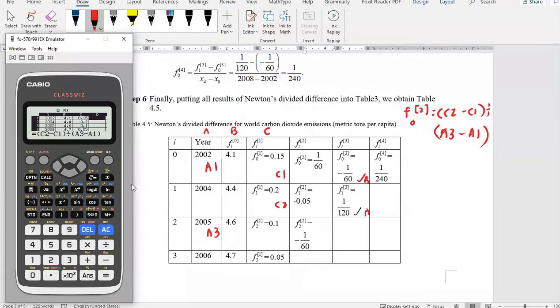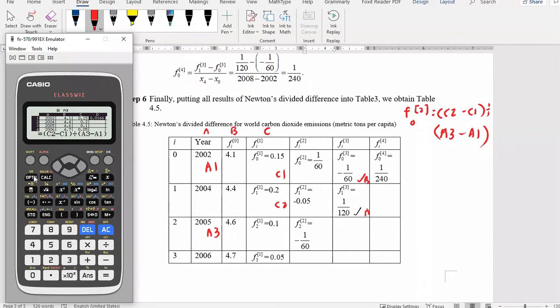Identify this cell, second level, C2 minus C1, A3 minus A1, because the spreadsheet starts their rows by number 1. Then you press equal. The spreadsheet will give the answer in floating point, but don't worry, it takes up all the decimal places. So 1 over 60 is 0.0166. And then similarly, you copy it down. Copy this formula, paste 2 times.